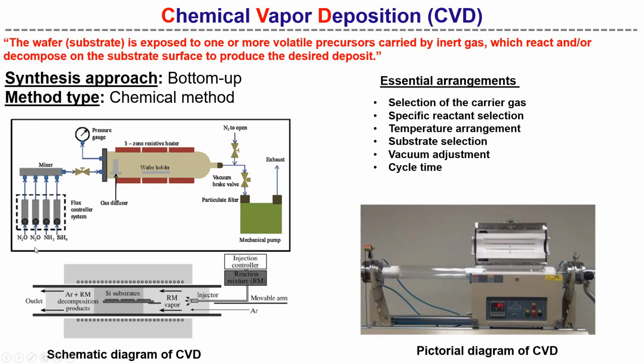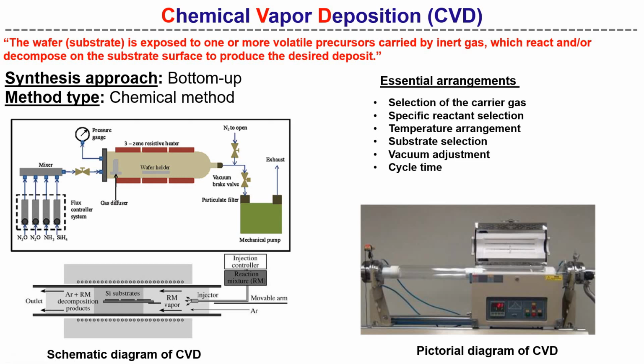Now what exactly happens is, let's say for example, you want to develop a compound material. So what we do is we separately put various elements in here. Here we will initially evaporate those elements, and after evaporation the vapor of those elements will go to the mixer zone. Now this mixer zone is connected with the inert gas pressure.